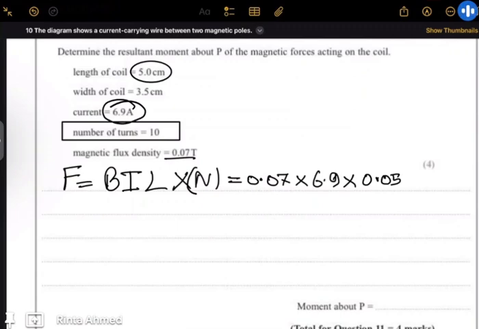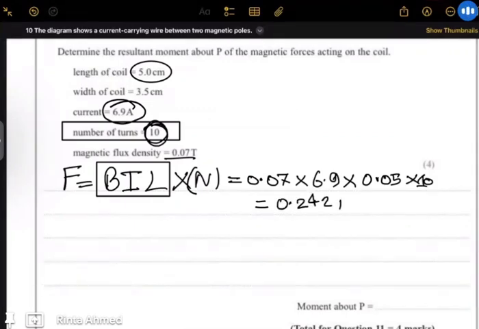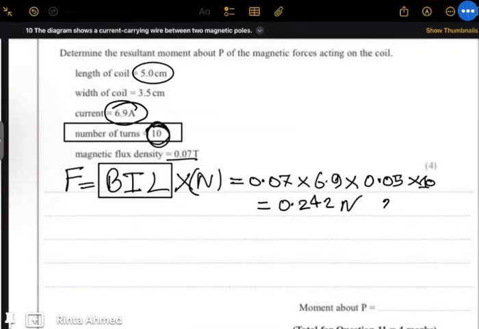It is given in centimeter, which needs to be turned into meter, into the number of turns of the coil. This formula BIL is only for one turn. And as they have given the number of turns of the coil, we have to use this 10. If they didn't give us the number of turns of the coil, then we would never have used 10. So the answer of this situation will be 0.242 Newton. So we have got 2 marks out of this 4 marks.